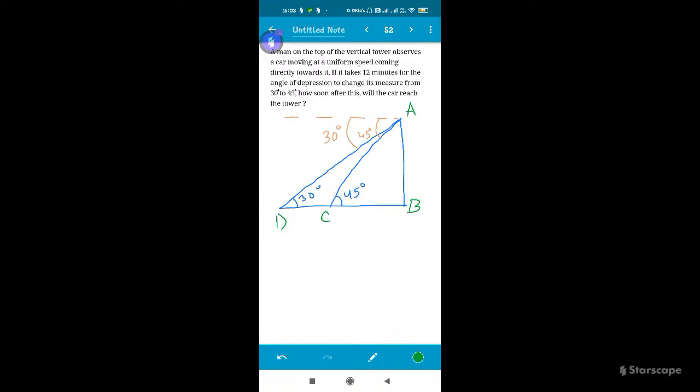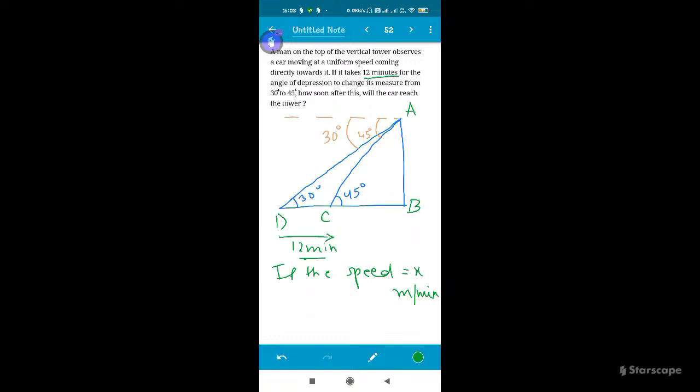Now we can do one thing. The time which the car requires for moving from D to C is 12 minutes. Since it has been given in minutes, we are going to take the speed in terms of minutes. So if the speed of the car is x meter per minute, and the time taken to move from D to C is 12 minutes, what will be the distance covered?